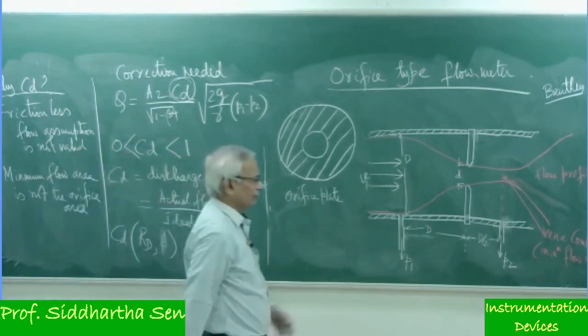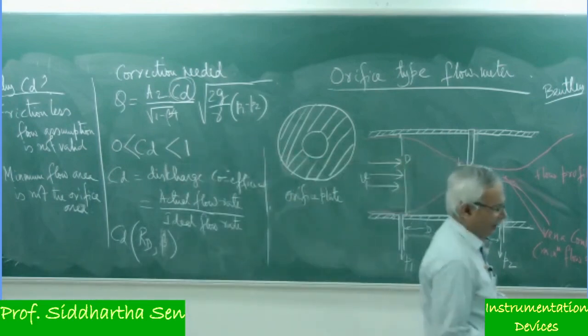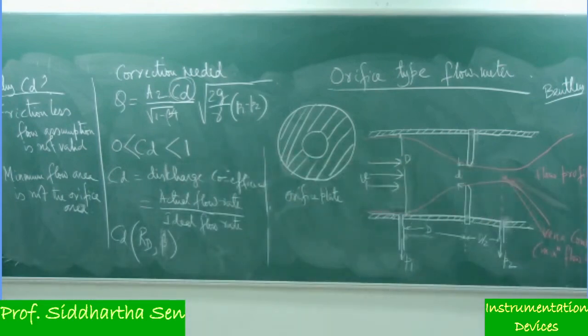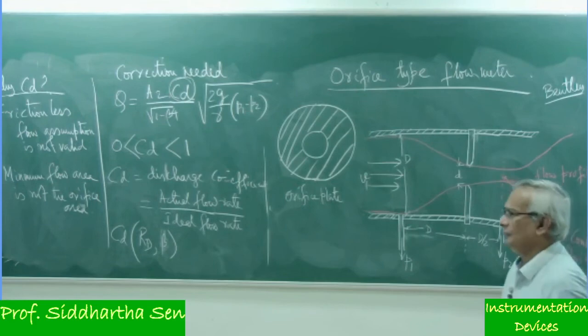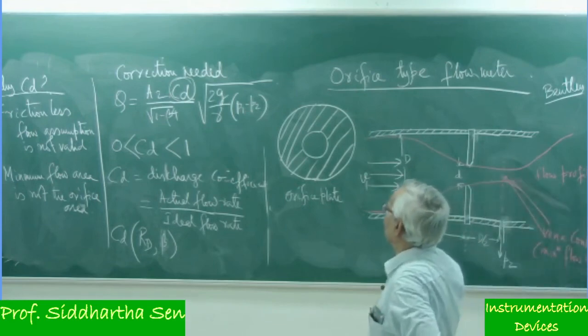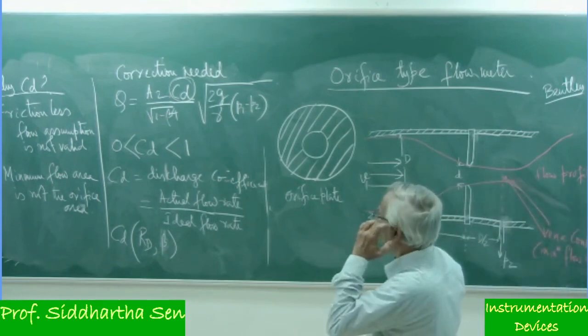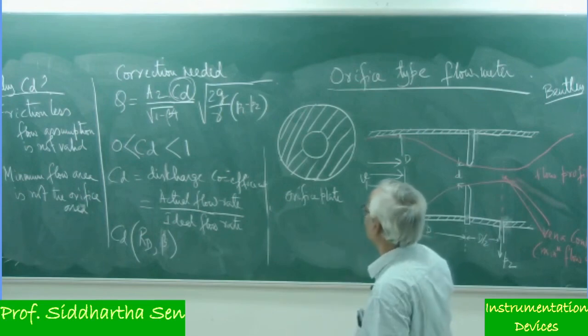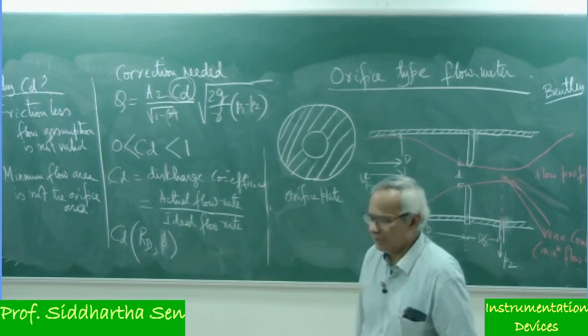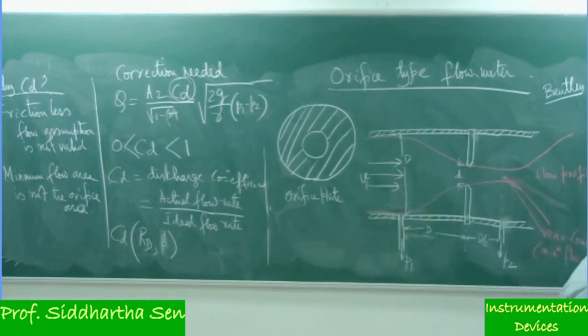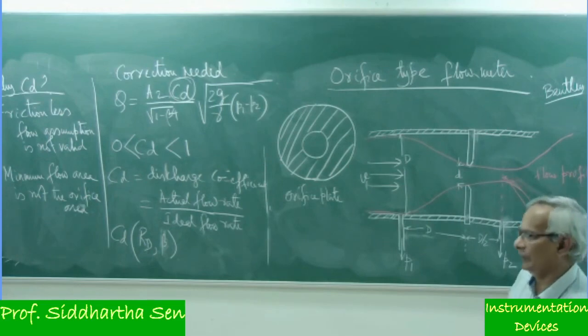CD is a function of Reynolds number and beta, that is small d divided by capital D. So we need to correct it, but it is not possible to exactly find out what is CD unless you carry out an experiment, but for design purposes we can. Okay, let's give a break and then we'll come back after that.